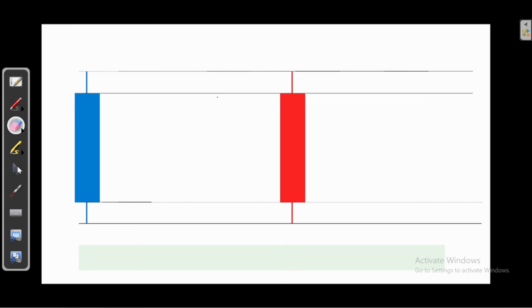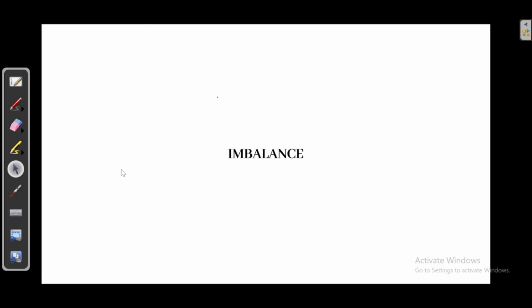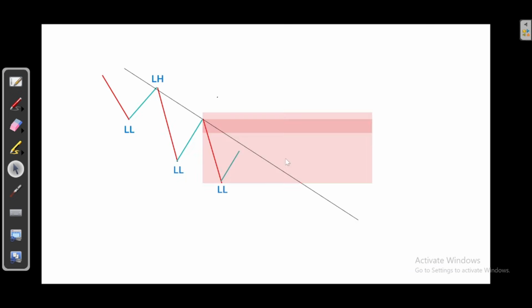So let's proceed. Imbalance. You know, I said earlier that interest zone is our supply and demand. But what makes our supply zone and the demand zone valid or relevant, the reason why we can even be looking at it, is because there is imbalance. Like, let me show you again.